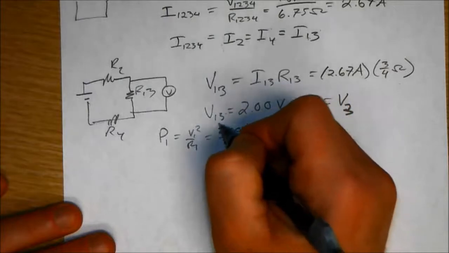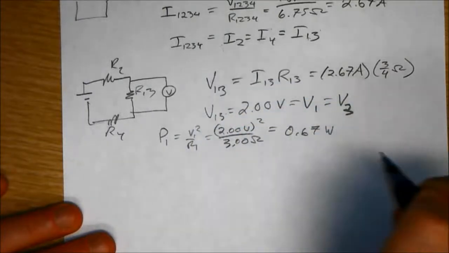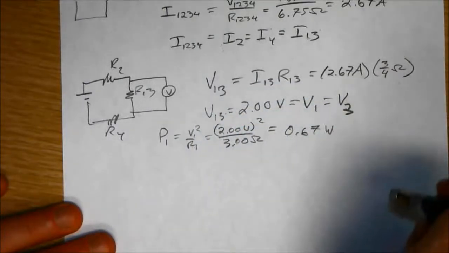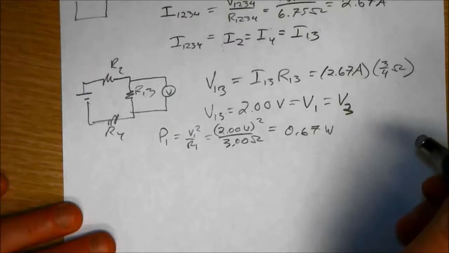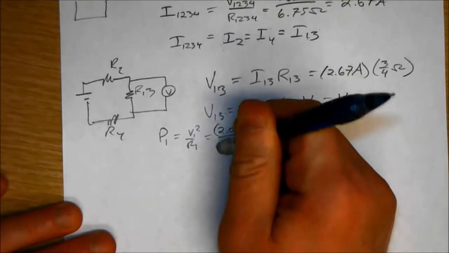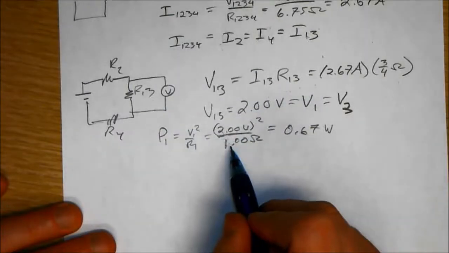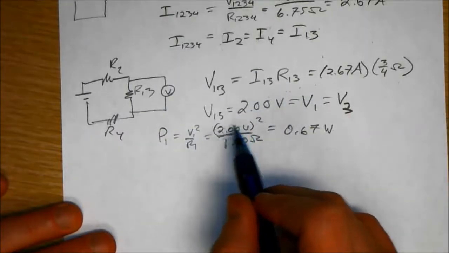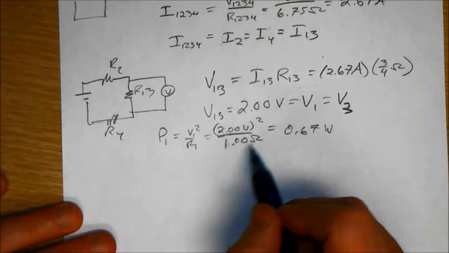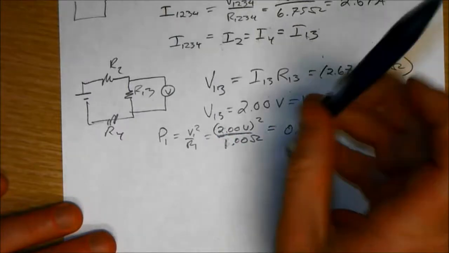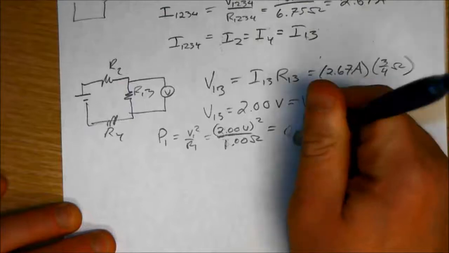I'm sorry, this is squared, so that would be 4/3. What am I thinking? Okay, resistor 1 has 1 ohm, and V squared, so that's 4 volts squared over 1 ohm, so that is 4 watts. Sorry.